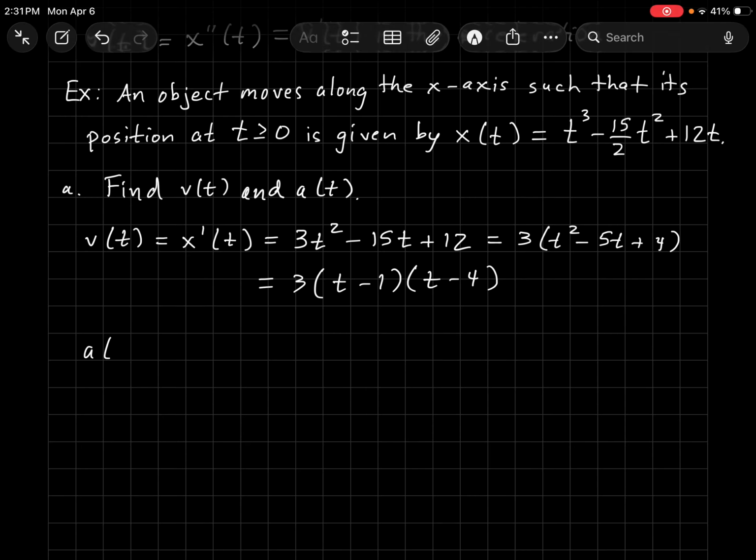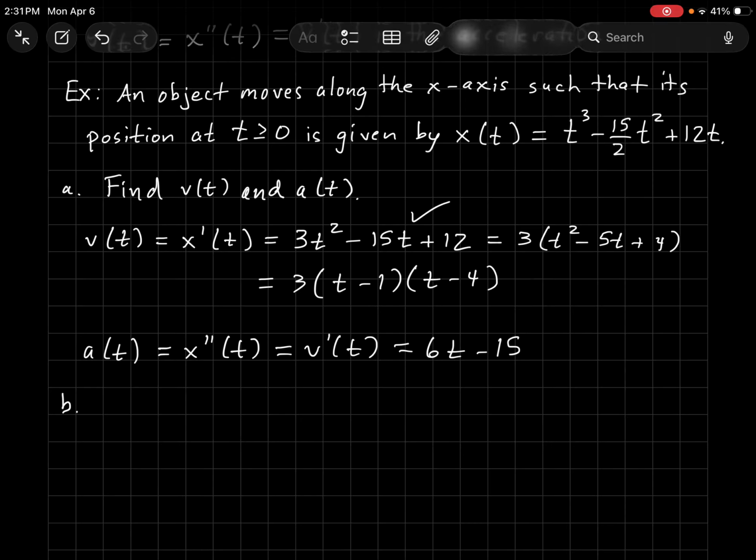Now let's find the acceleration, which is the second derivative of position, or the derivative of velocity. And I'll look at this version here to get it. It is 6t minus 15. So what is the speed at, say, t equals 2?